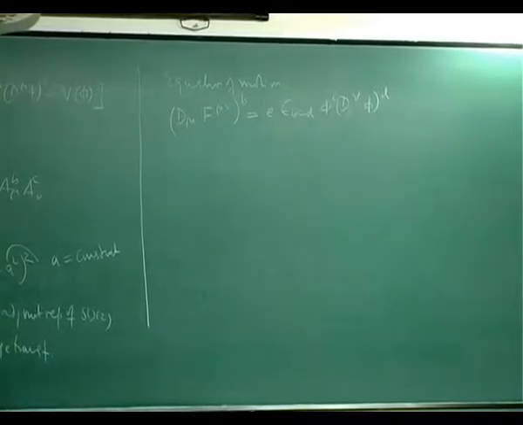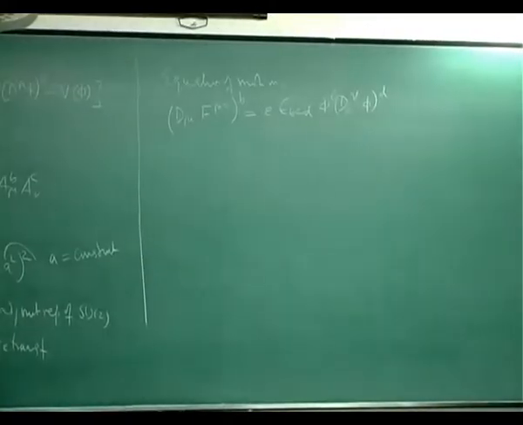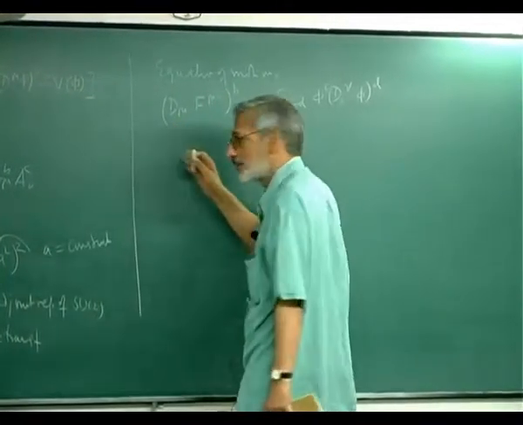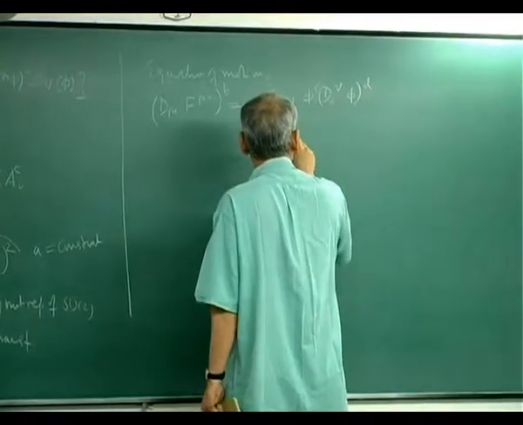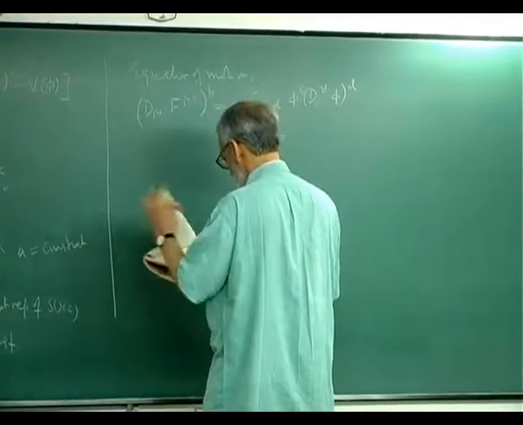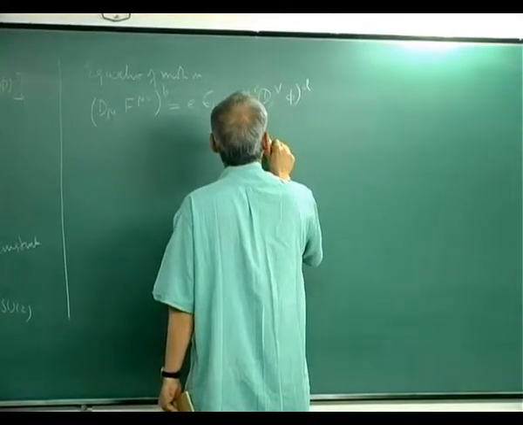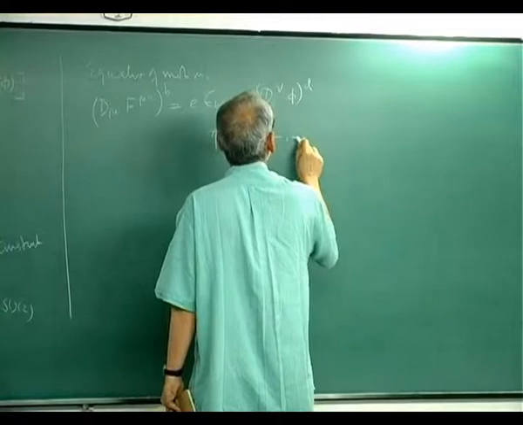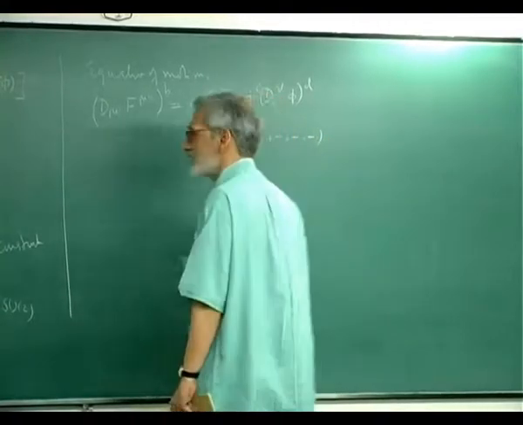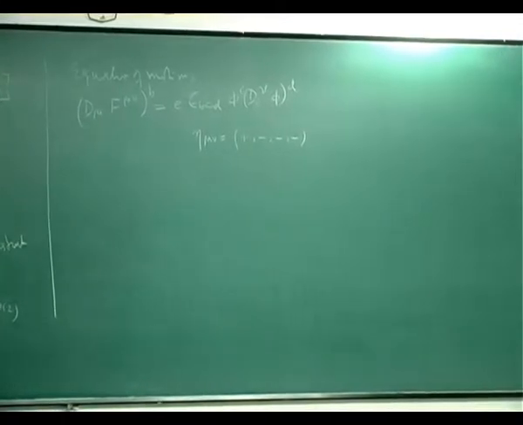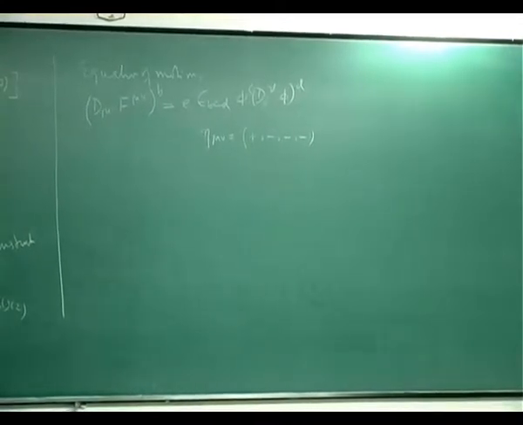But for space-time indices mu nu, raising and lowering has to be done with our conventions, through a metric which is plus, minus, minus, minus. It is diagonal with plus 1 entry, and minus 1 entries for the other three. That's the signature of the metric.